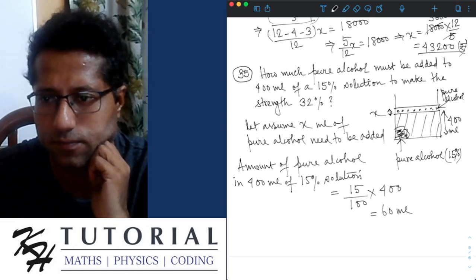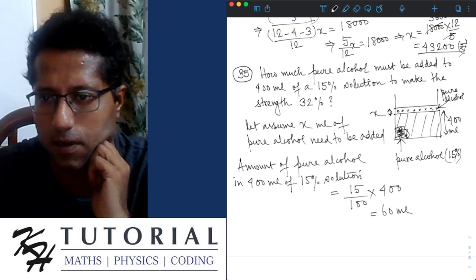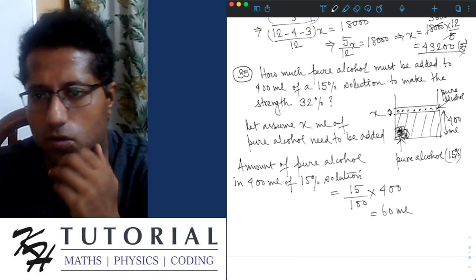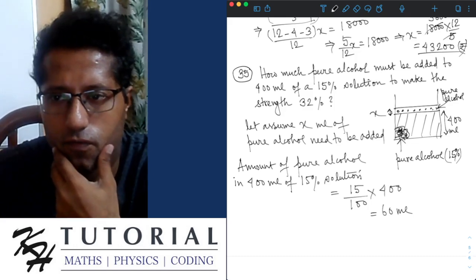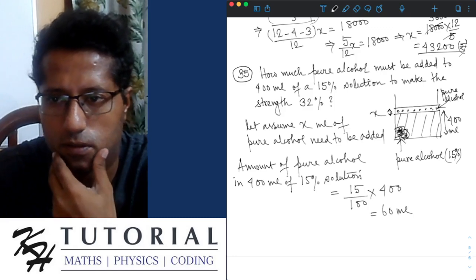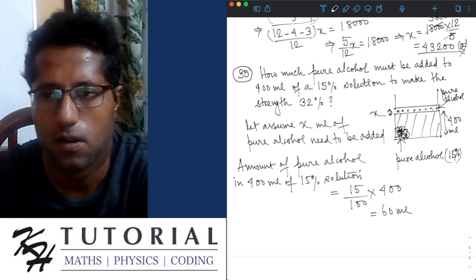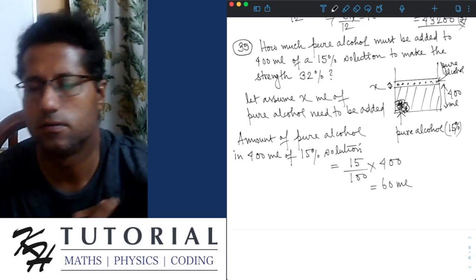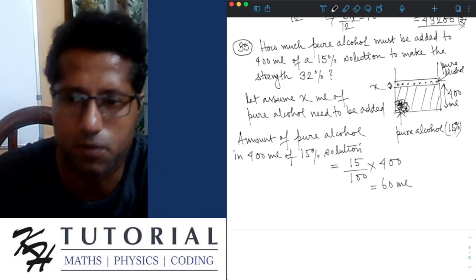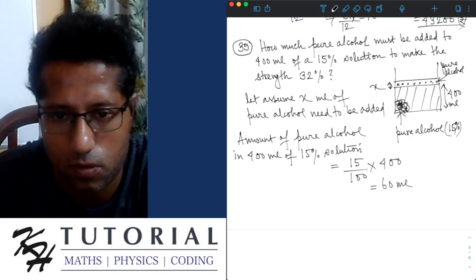So this part is pure alcohol. In the 400 ml of the solution, there was already 60 ml of pure alcohol. Now we have added x ml of pure alcohol.